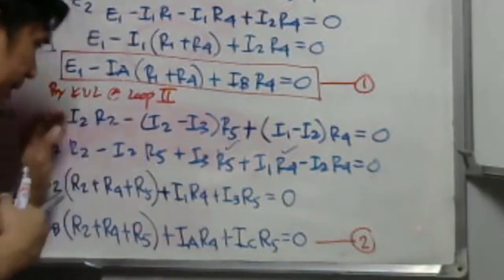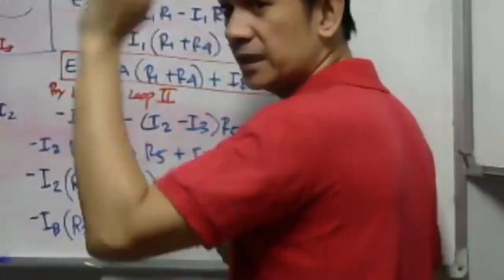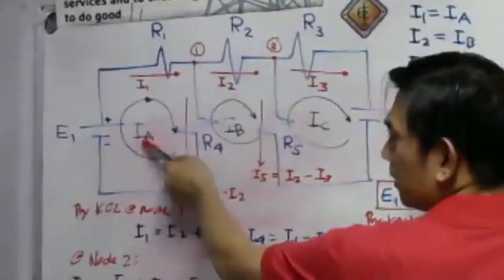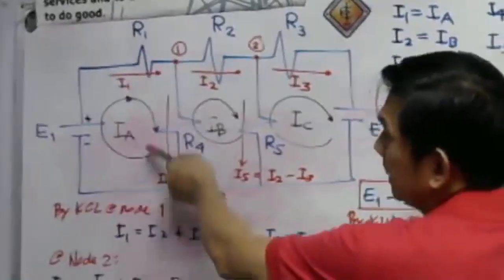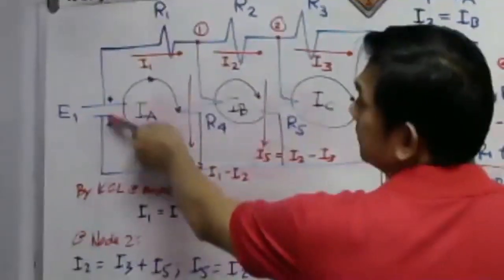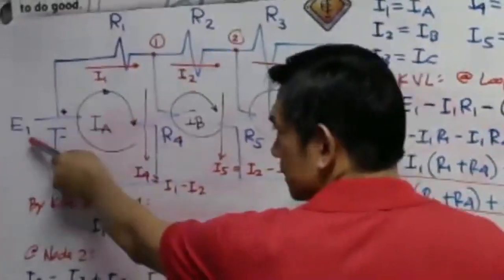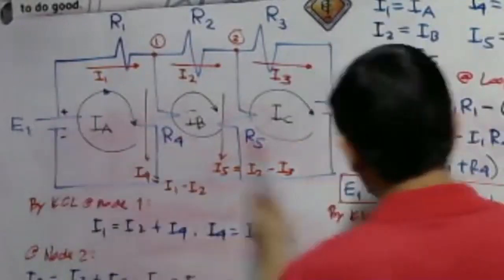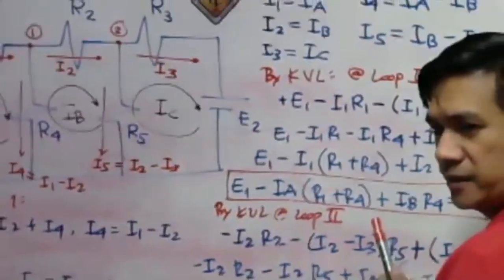Okay. Take a look at our loop 1 here. Again, let us review. Where is our loop 1 here? This is our IA. Okay? Our IA, it leaves on the positive terminal of E sub 1. So, doon siya lumabas sa positive terminal ng E sub 1. Kaya ito positive E sub 1. Okay.